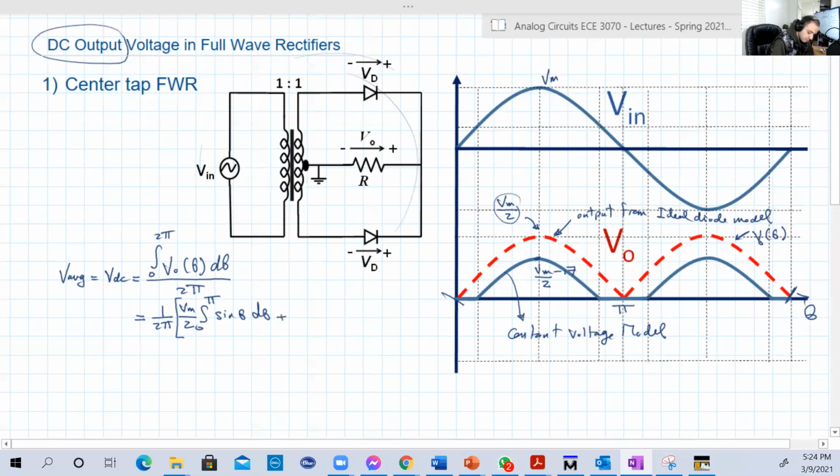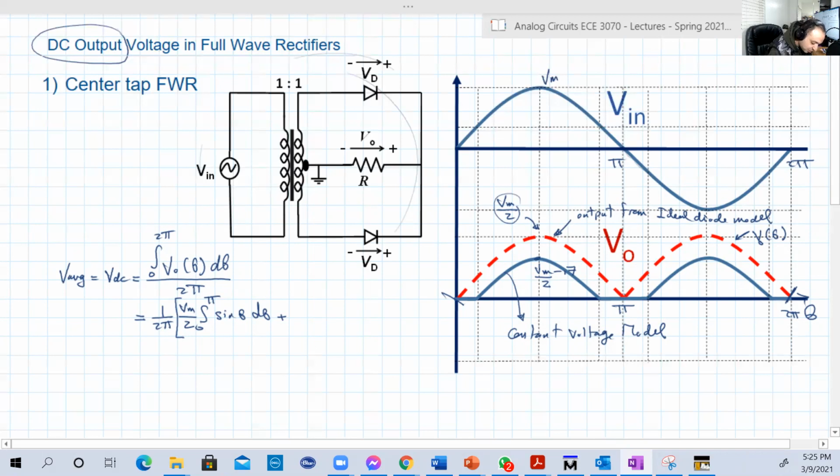Plus, now what is the relation of the output here between pi and 2 pi? Remember the input was like this. This is basically a sine wave from pi to 2 pi. Sine from 0 to pi is positive, and from pi to 2 pi, it's negative. So here, this is not a sine, this is minus sine.